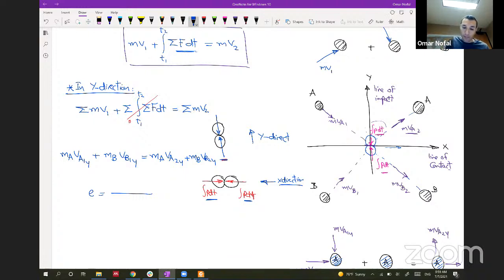So here we will have that VB2y minus VA2y over VA1y minus VB1y. So these two equations are representing the concept of conservation of linear momentum. So let's box them.